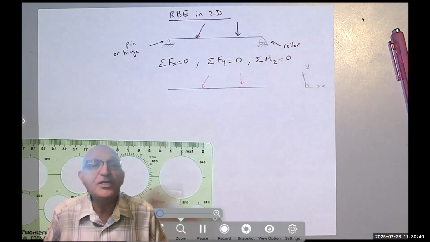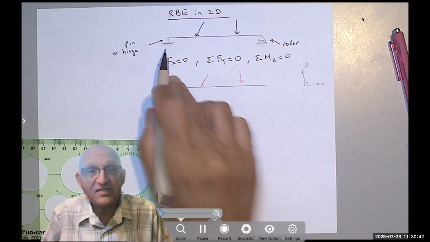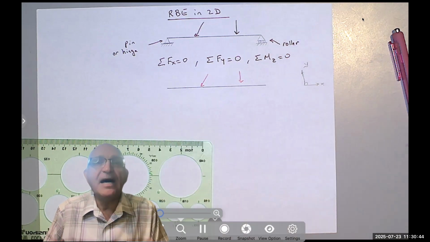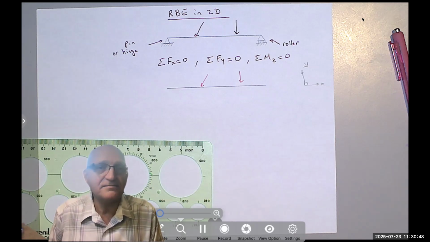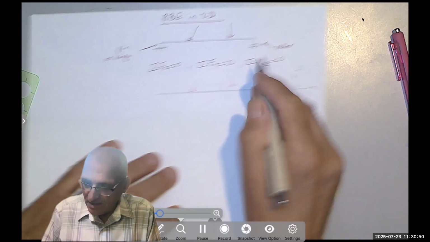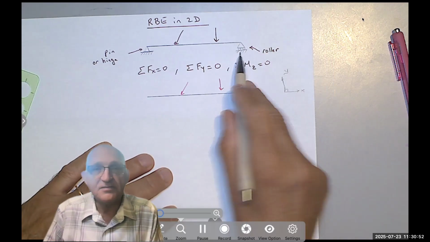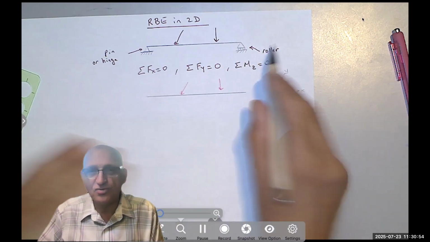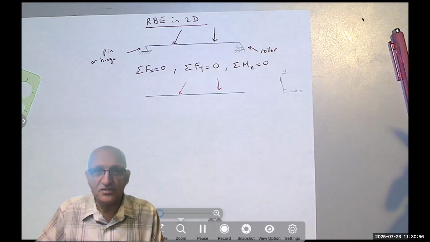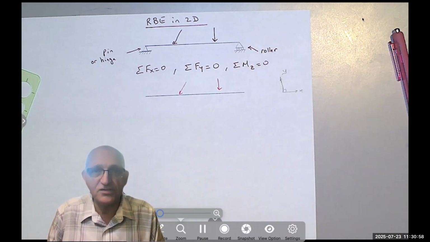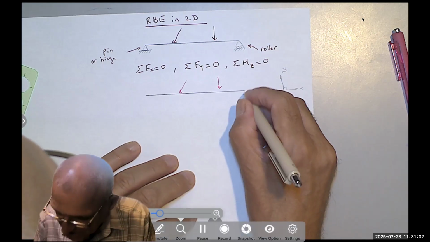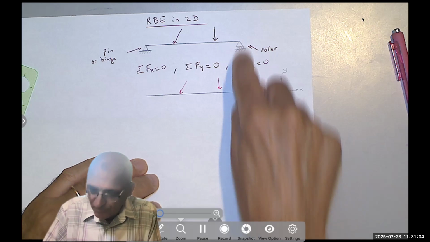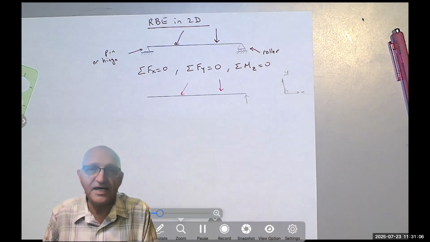But I'm going to replace each support by the forces or the moments they resist. As we said, the roller doesn't prevent horizontal motion, so there is no reaction horizontally, right? It's free to move horizontally. But there is a vertical reaction because this roller cannot move up or down.